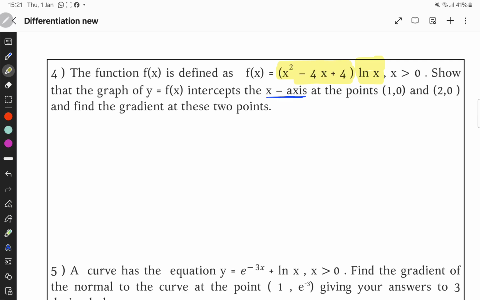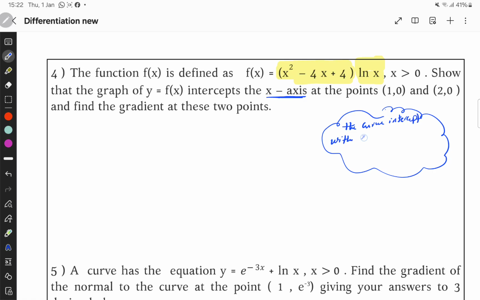x here is greater than 0, that refers to x being a positive value. Okay, if the curve intercepts with the x-axis, everyone knows that means y equals 0.